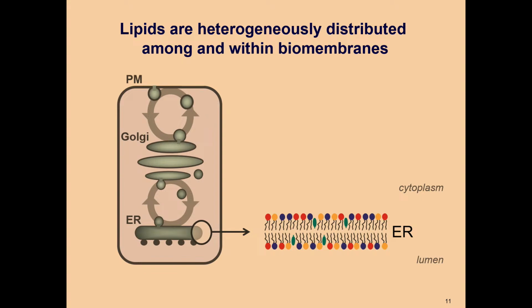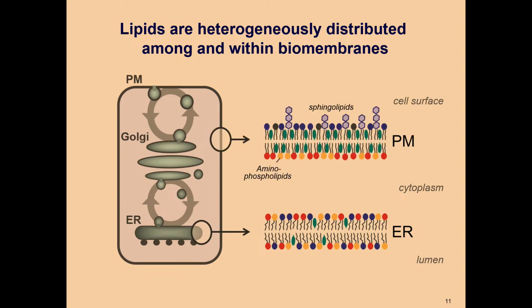If you do the same for the plasma membrane, then you see this lipid composition looks different. There's a new type of lipids, which is absent here, and those are the sphingolipids. And these are glycosphingolipids. They are decorated with sugars. So this membrane is completely different in lipid composition compared to here.